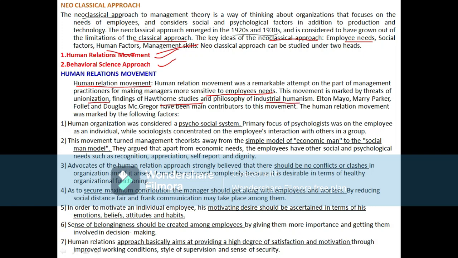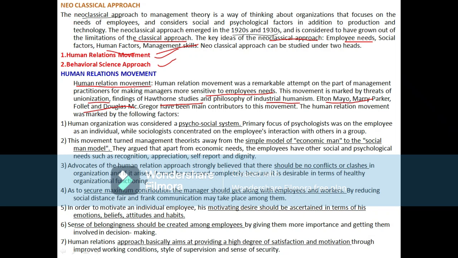He studied the psychological factors of humans, or employees, working in the industry. That is known as industrial humanism. Elton Mayo, Mary Parker Follett, and Douglas McGregor were the main contributors to this movement. Basically, the first person is Elton Mayo, and the others were associates in his studies.